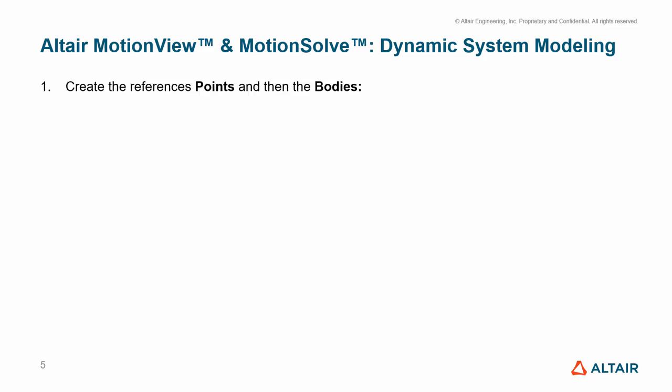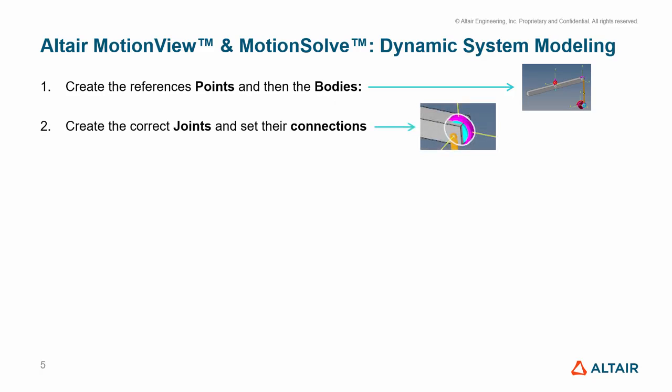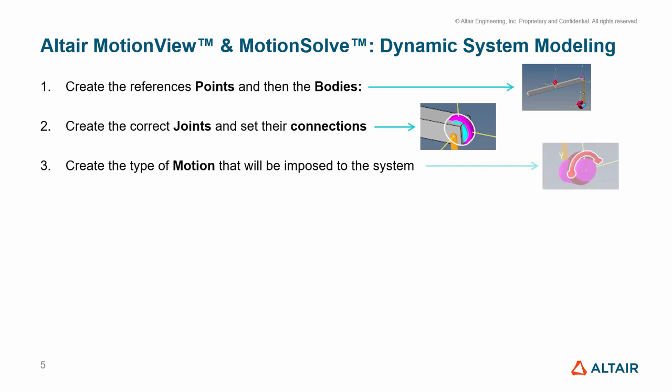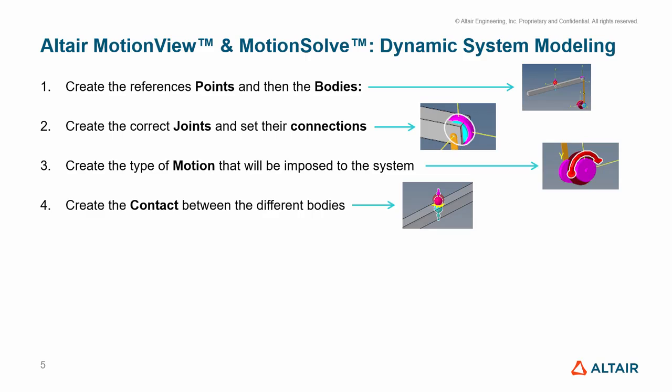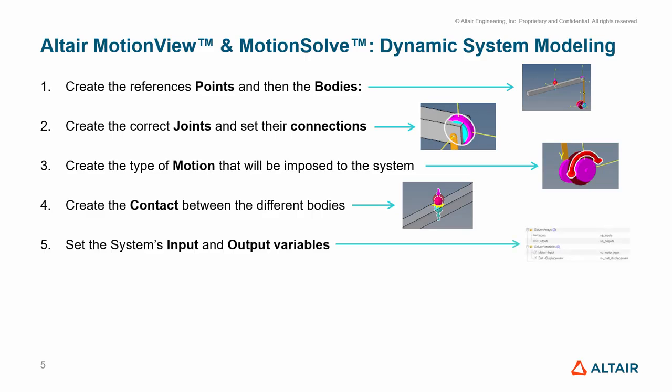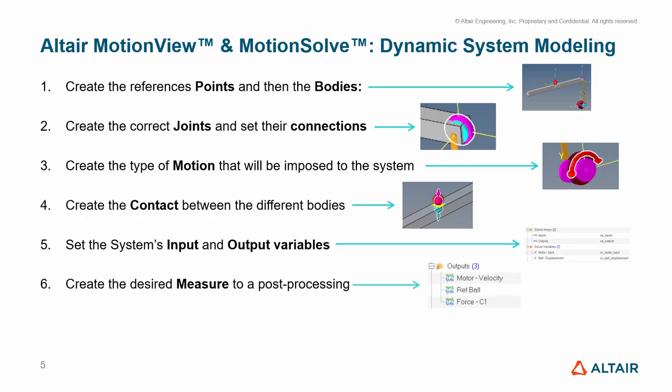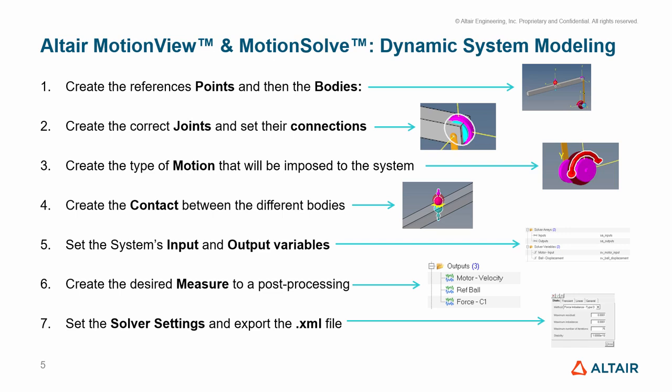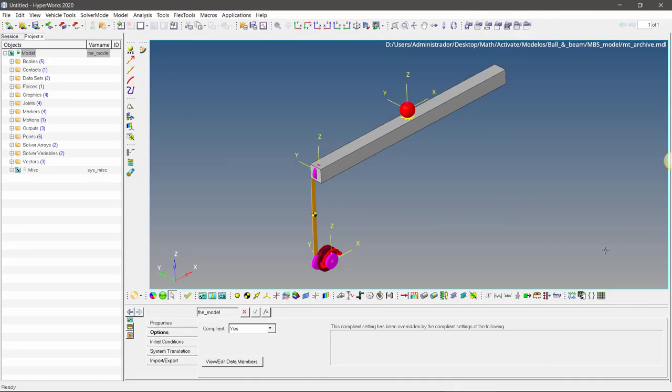We create entities like points and then bodies, create the desired joints to connect the bodies, create the type of motion that will be imposed on the system, create the contact between the bodies, set the system input and output variables, create the desired measures for post-processing, and finally set the solver settings and export the XML file. So let's move on to MotionView and understand them.